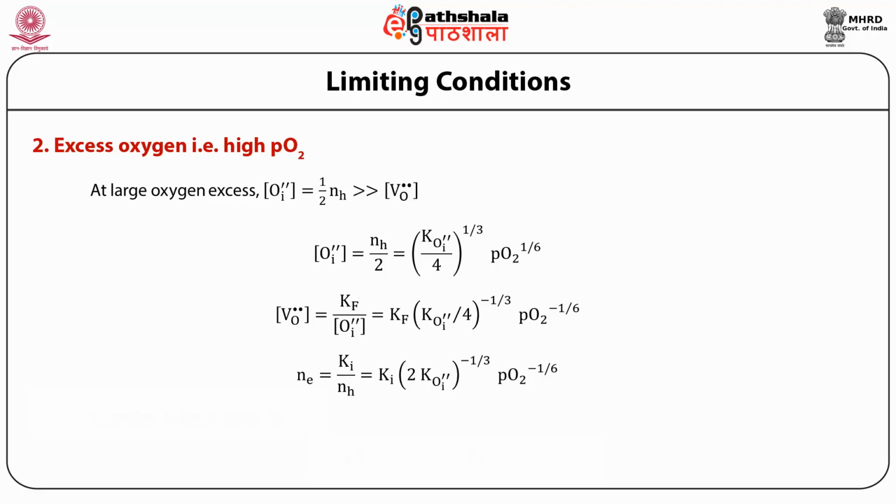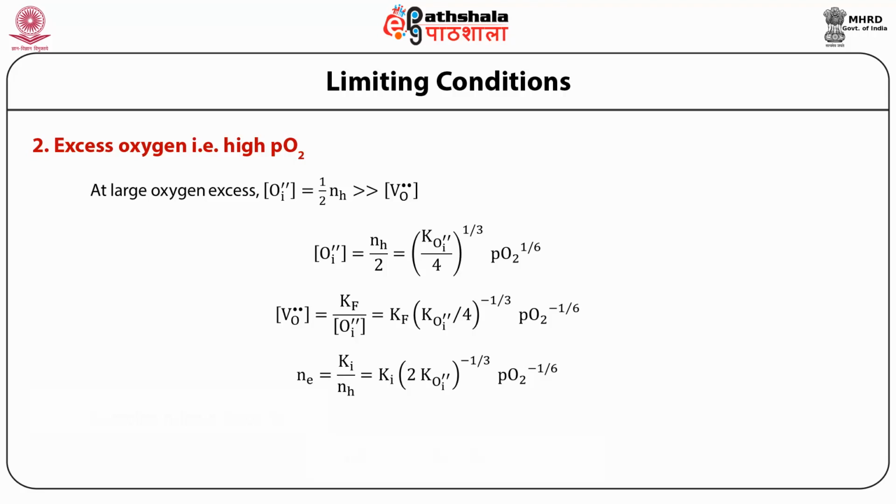So the equation for VO double dot, that is the concentration, becomes Kf by OI double prime, which in turn is equal to Kf times K of OI double prime divided by 4 to power minus 1 by 3 into PO2 to power minus 1 by 6.